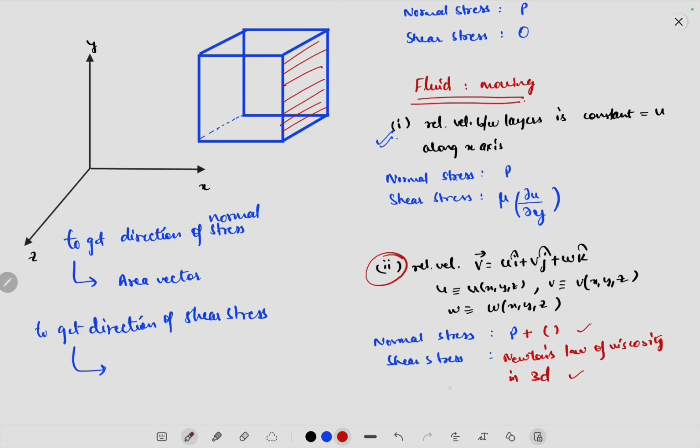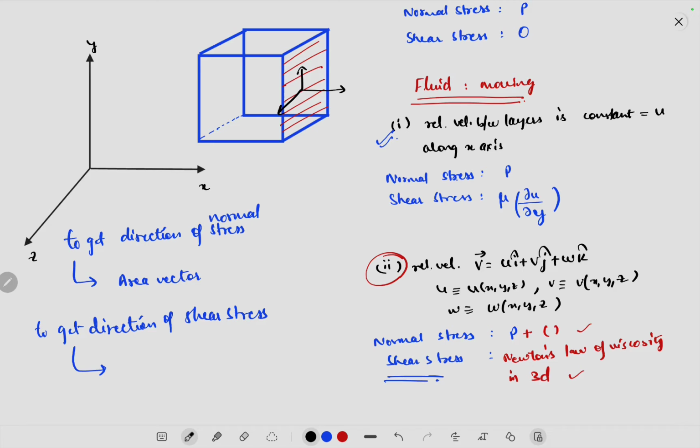In that case it has been seen that this shear stress on any face has three components: one along y, one along z and one along x.